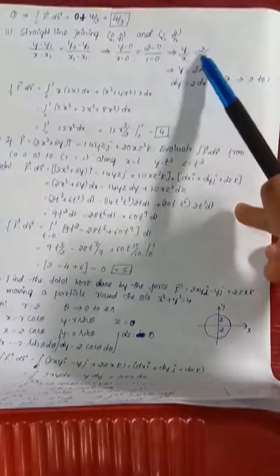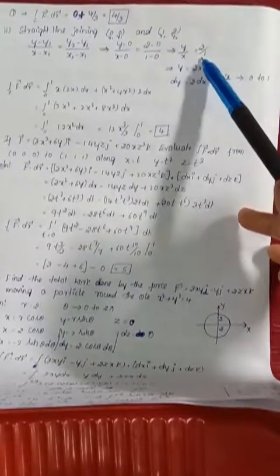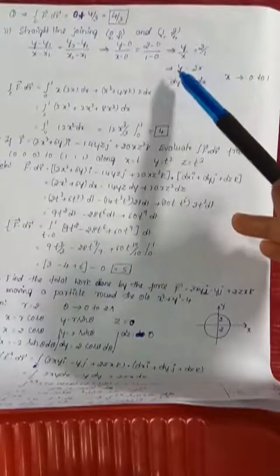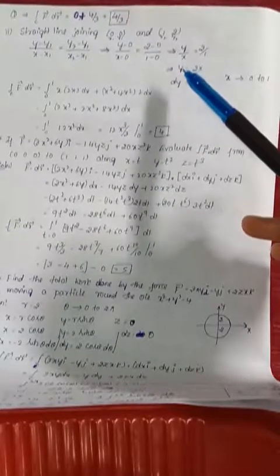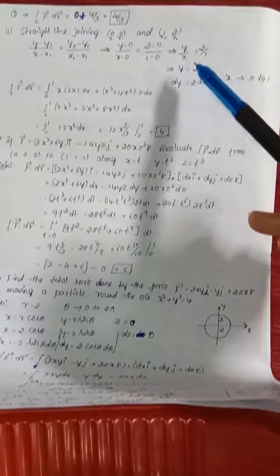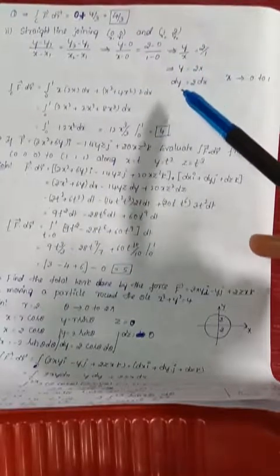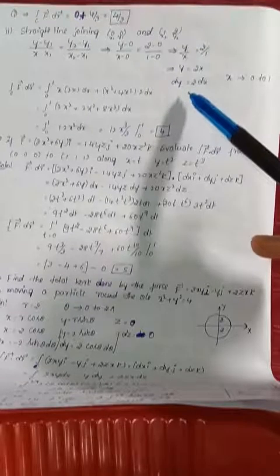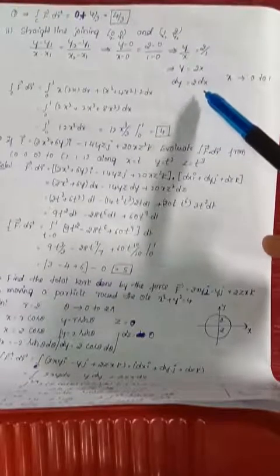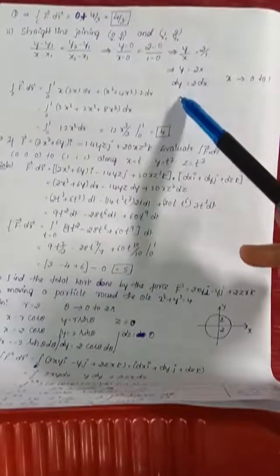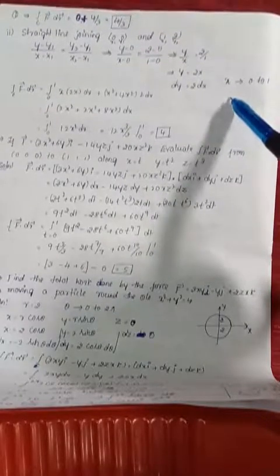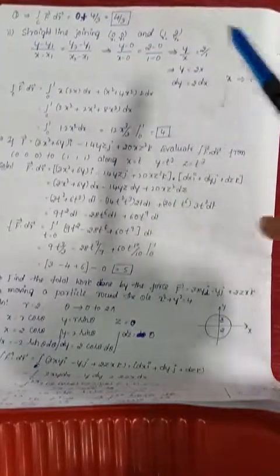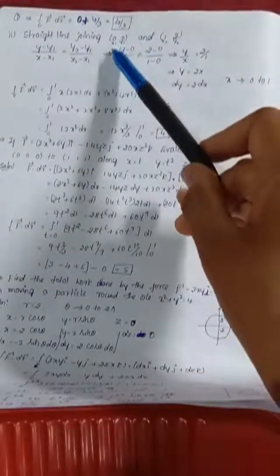Simplify: y by x is equal to 2 by 1. Cross multiply: 1 into y, x into 2, which is 2x. We get one equation, y in terms of x. So find the derivative: dy is equal to 2 into dx. Here y is in terms of x, that's why we have to write the limit as x varies from 0 to 1.